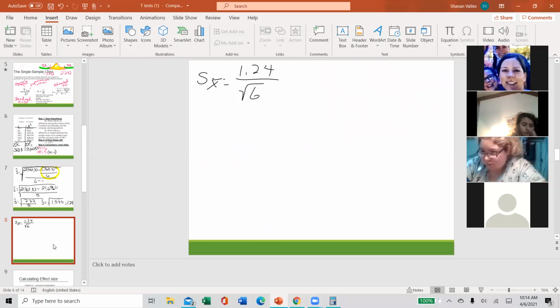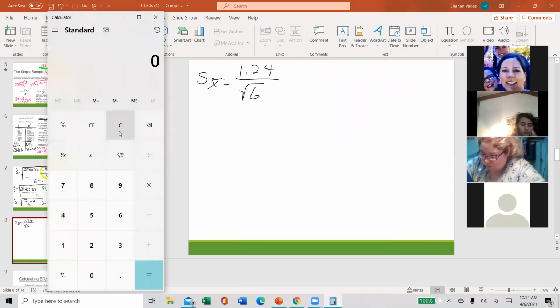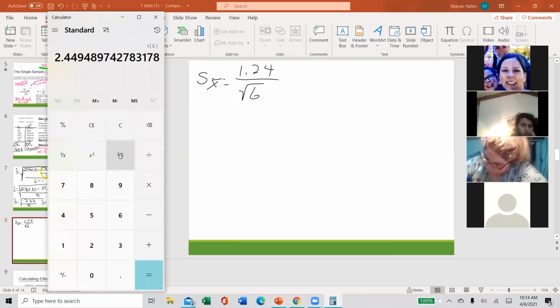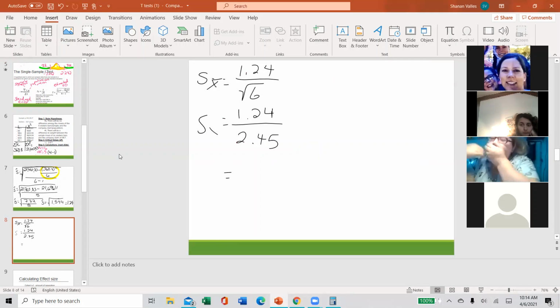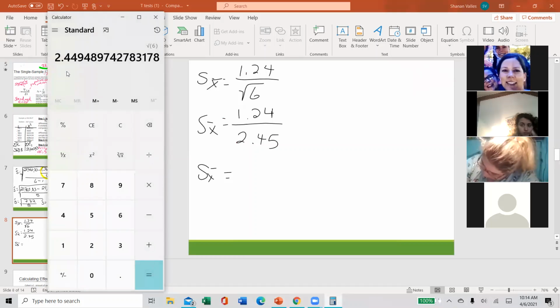So square root of 6, we could do it on here. 6 square rooted is 2.45.